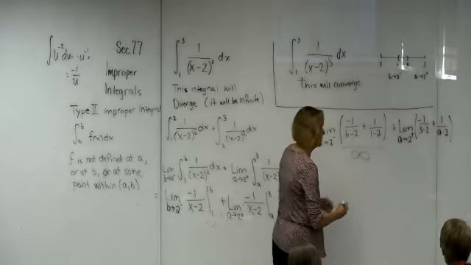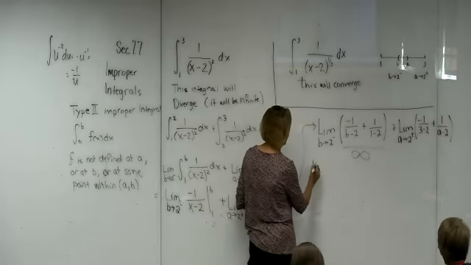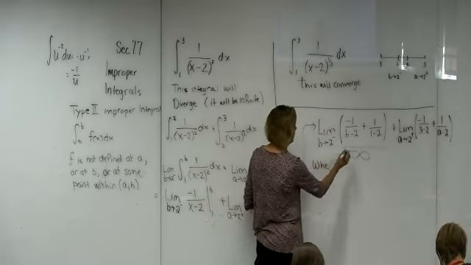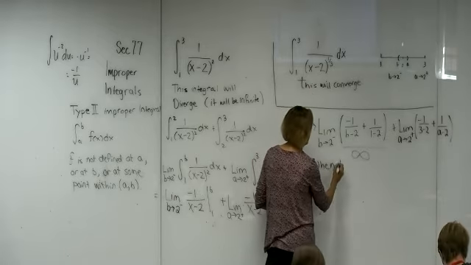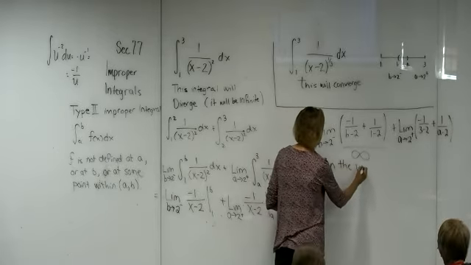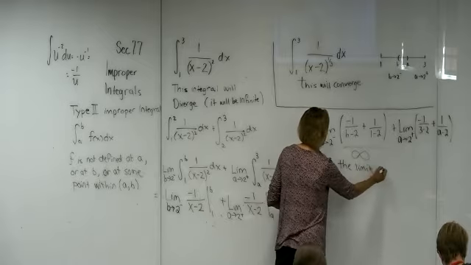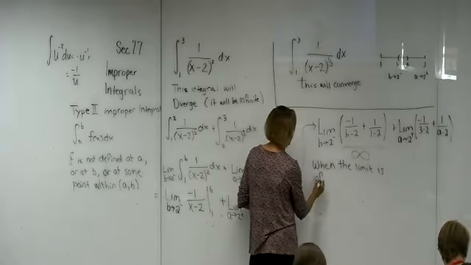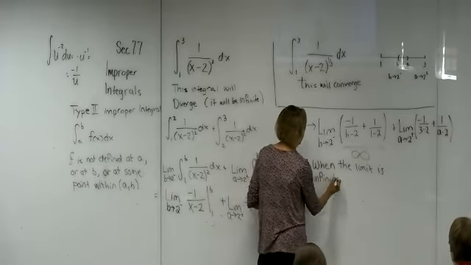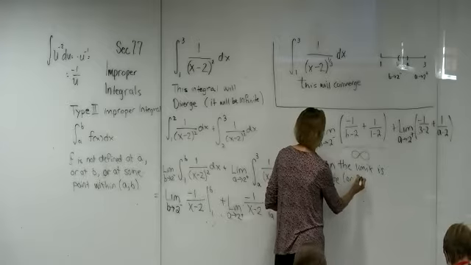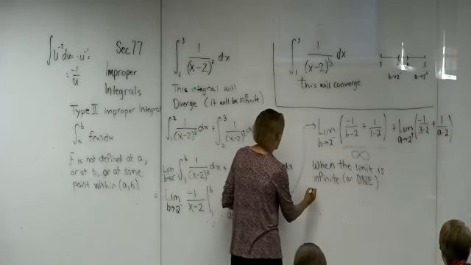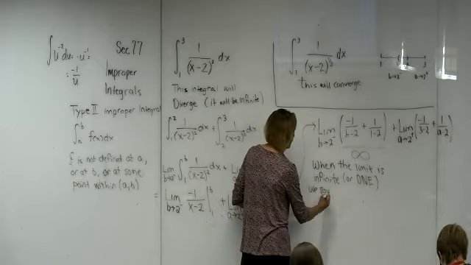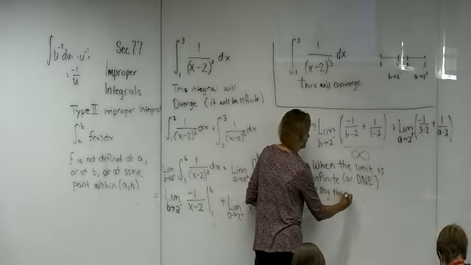Neither does that one. When the limit is infinite or does not exist, we say the integral diverges. Does not exist, there's my abbreviation for does not exist. We say the integral diverges.